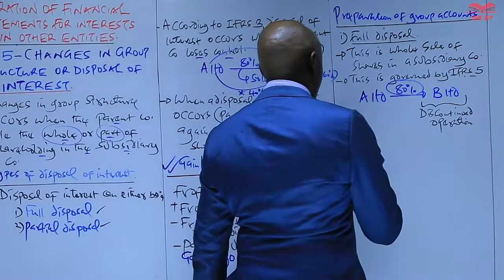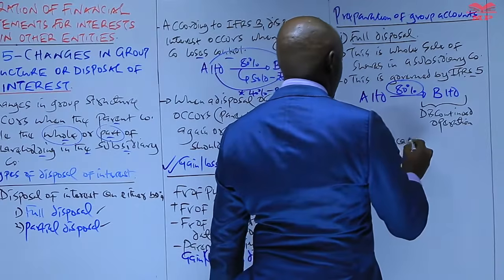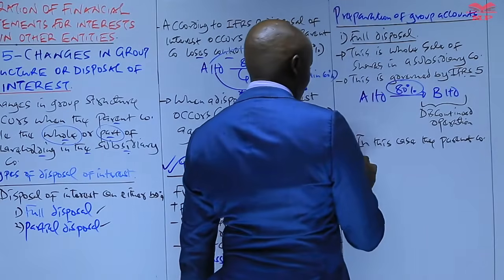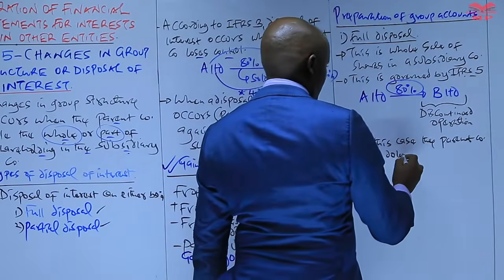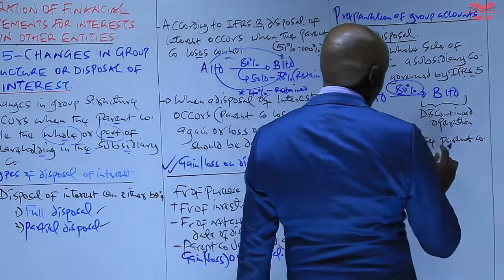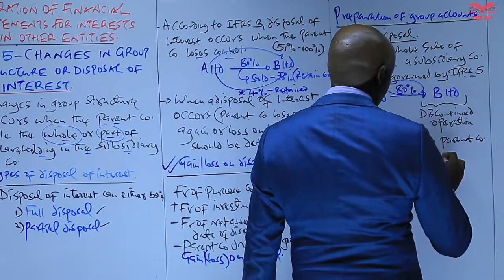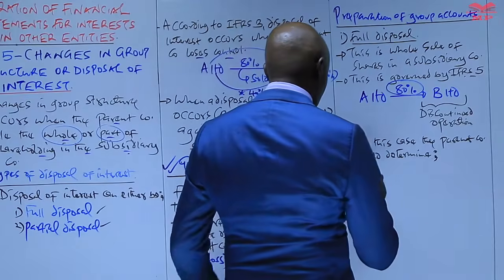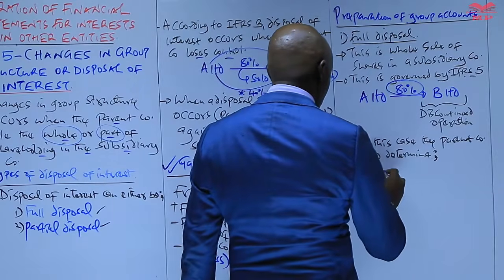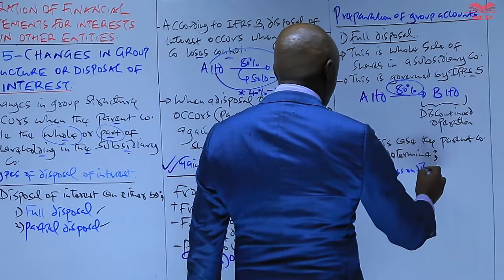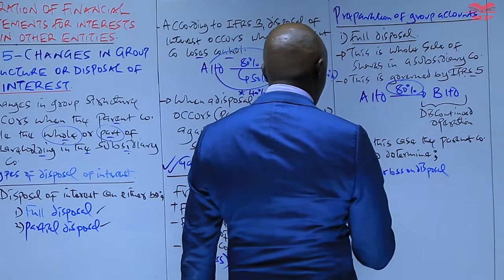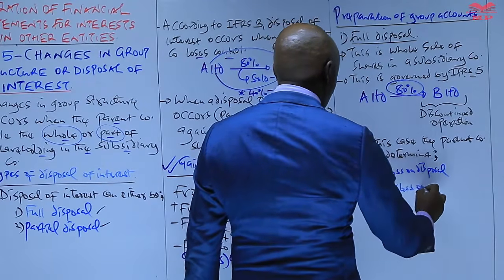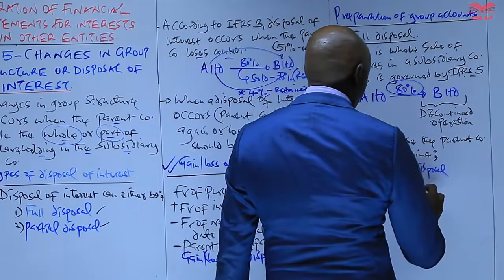So therefore, we can say in this case, the parent entity or company should determine, number one, the gain or loss on disposal of interest, and number two, the profit or loss from discontinued operation.